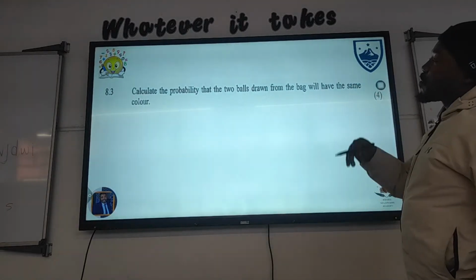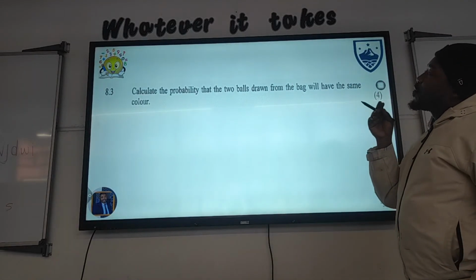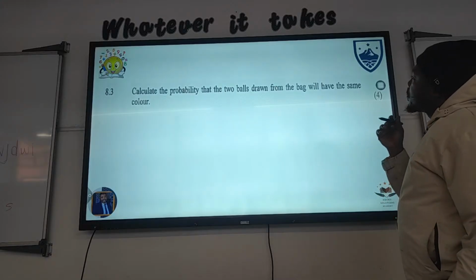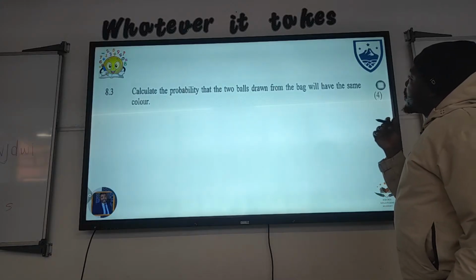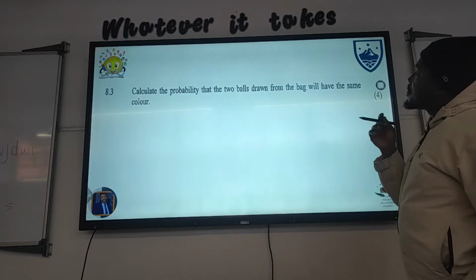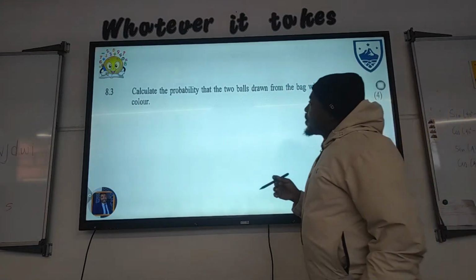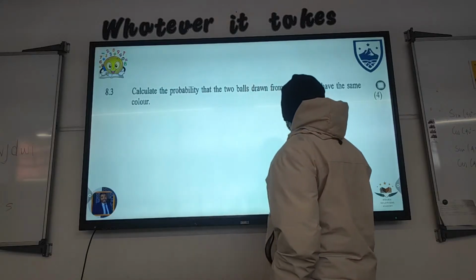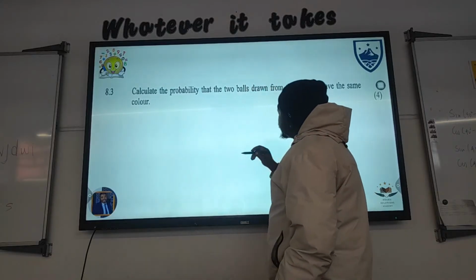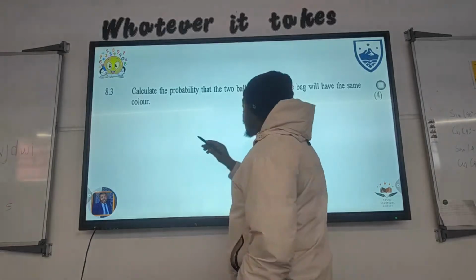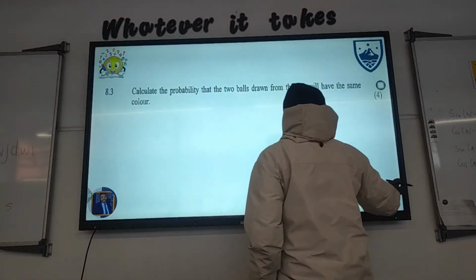Now the last question, from what it says: calculate the probability that two balls drawn from the bag will have the same color. Let me do this. Let's draw the tree diagram again. Look, now we have space.